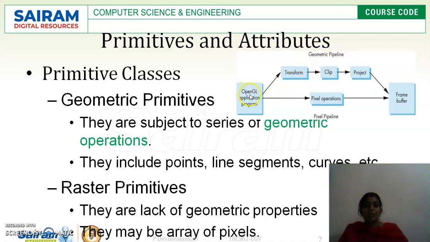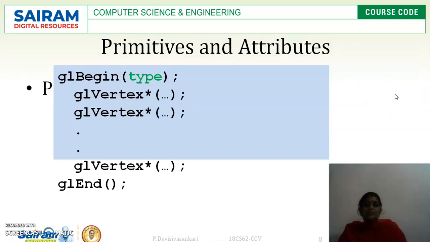Okay, so in the OpenGL application program, first in geometric pipelining we can do transformation, clipping, projection, and the result will be given to the frame buffer. And again the OpenGL application program can be given for pixel operations. Pixel operation is nothing but the raster primitives. Okay, with the raster primitives we can do all the pixel operations. Obviously this will be given to the frame buffer only, right?